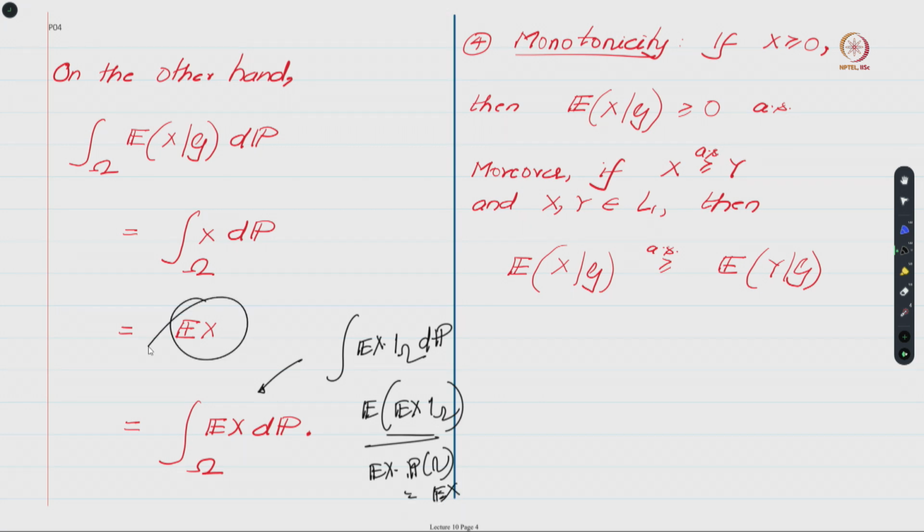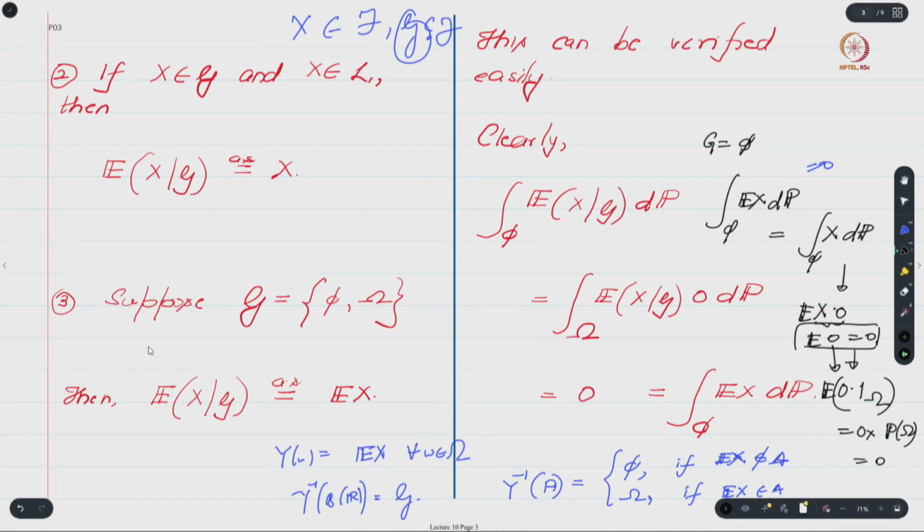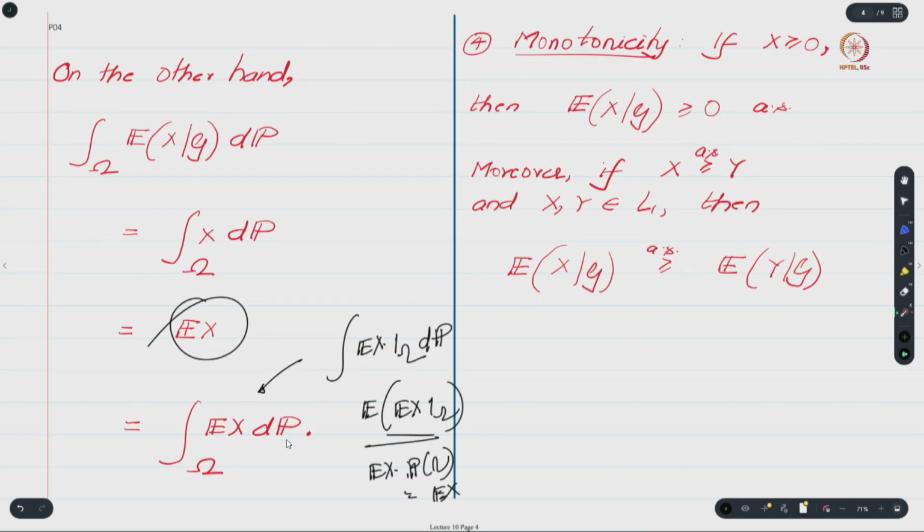So we have verified this, and hence one can conclude that when your given sigma subfield is only made up of the empty set and the whole sample space, then the conditional expectation is actually the true expectation, right.